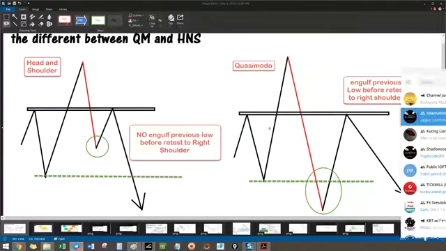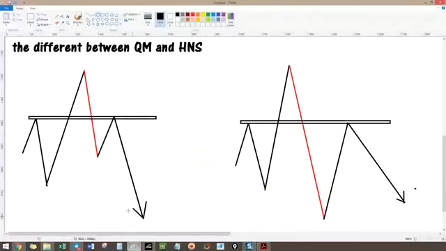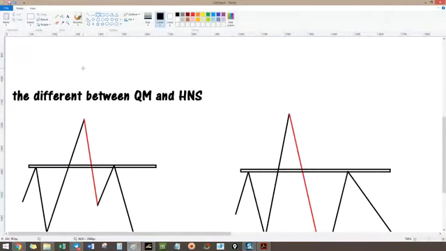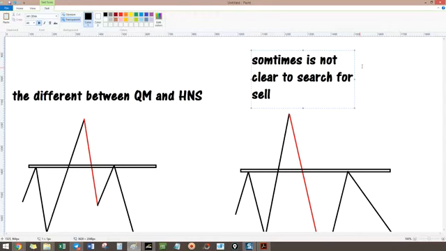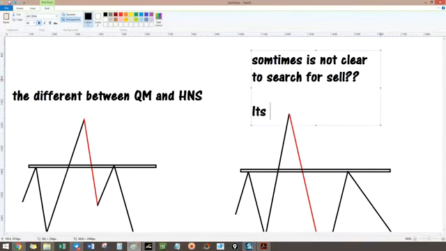We copy this here in the pane. Sometimes it's not clear to search for sell. It's because of chart time.